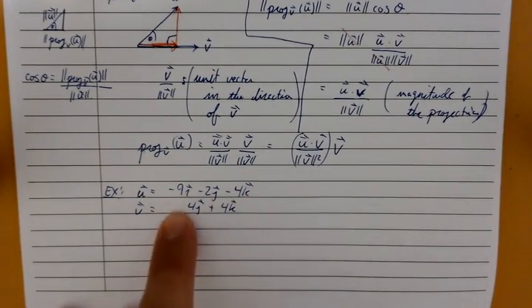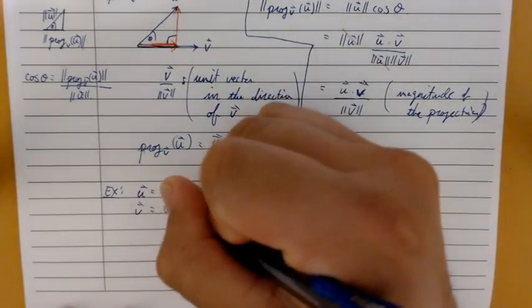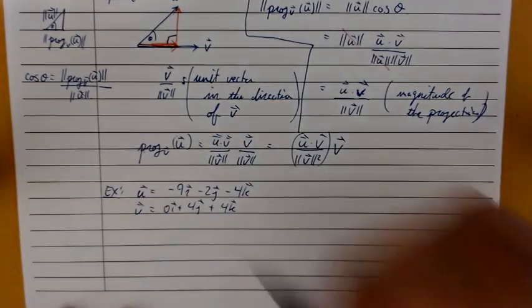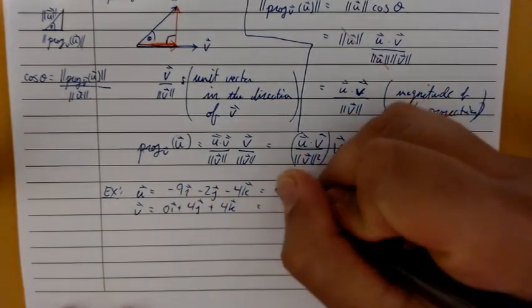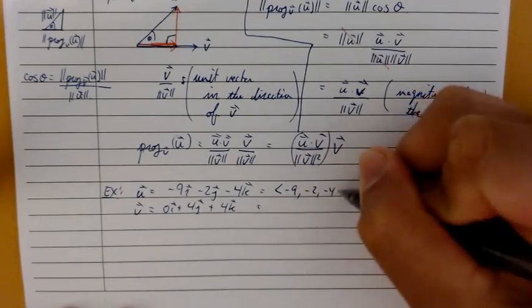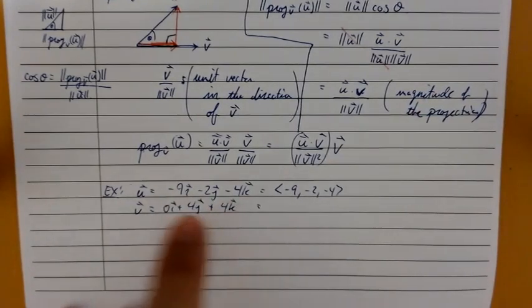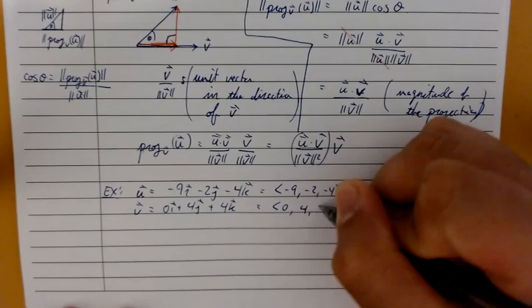This one's missing its first term here, so let's go ahead and write that as 0i, just to keep us from losing a value. I prefer to have things in component form, so you may wish to write things this way. If you prefer leaving things that way, go ahead. They're identical. They mean all the same.